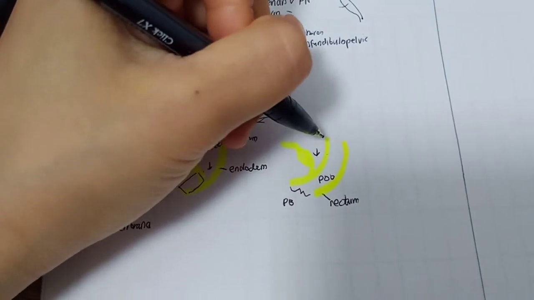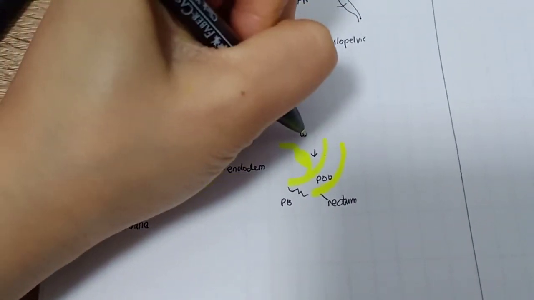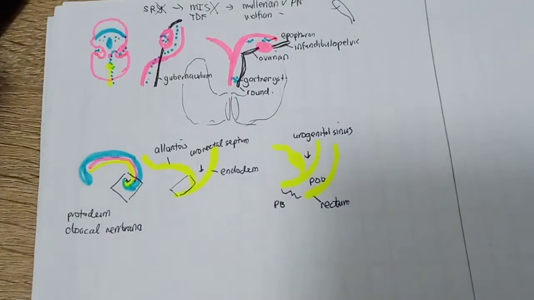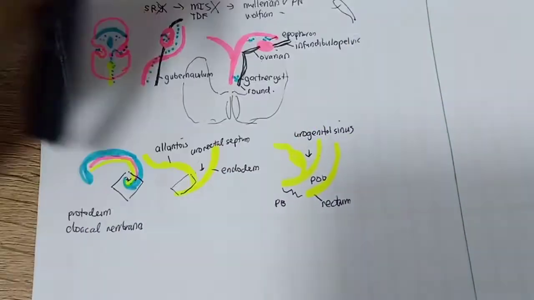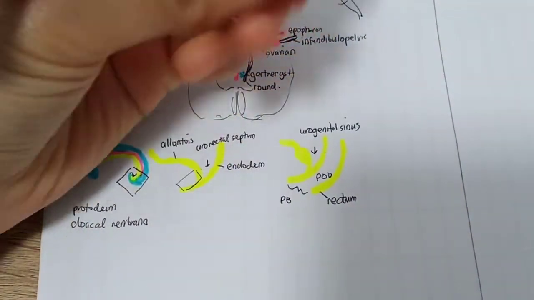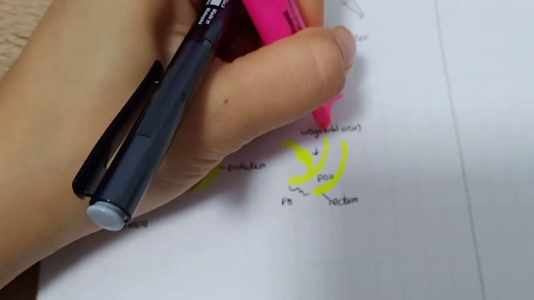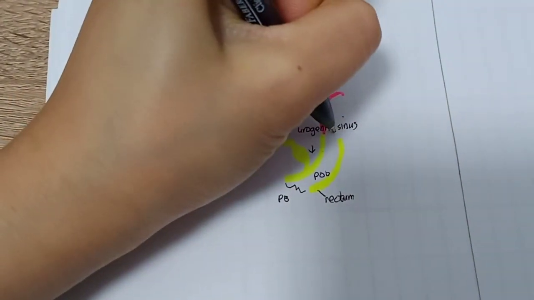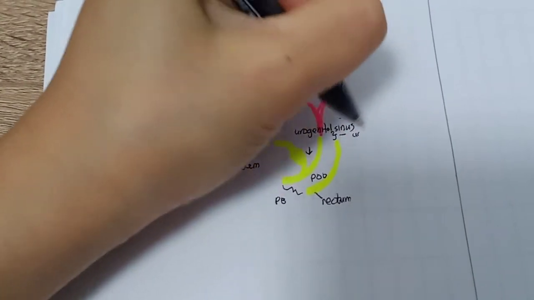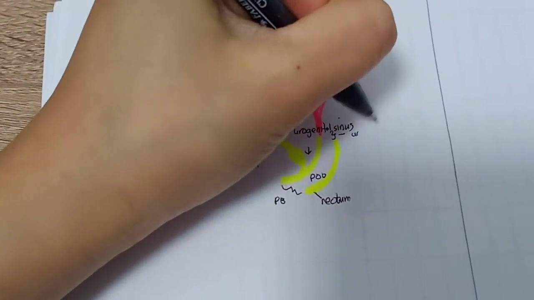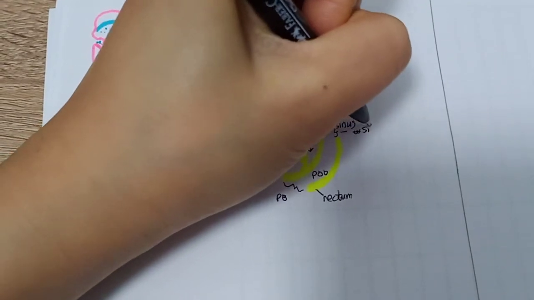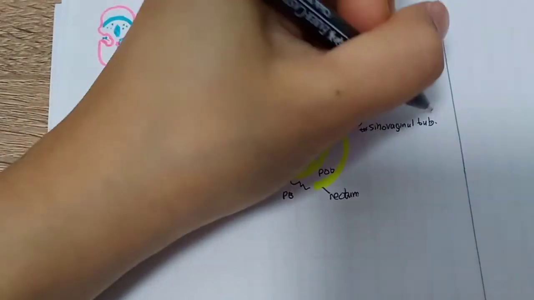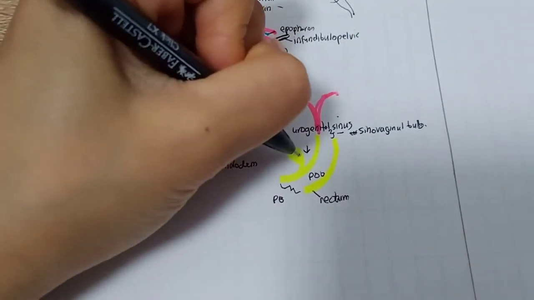And here we have what we call the urogenital sinus. The urogenital sinus will actually connect with the mullerian tubercle and become the urogenital bulb. Sorry, the sinovaginal bulb. So this is the urogenital sinus.